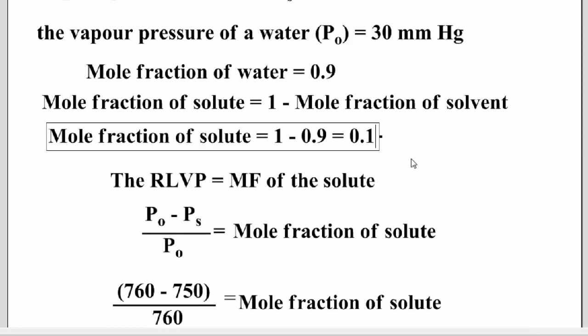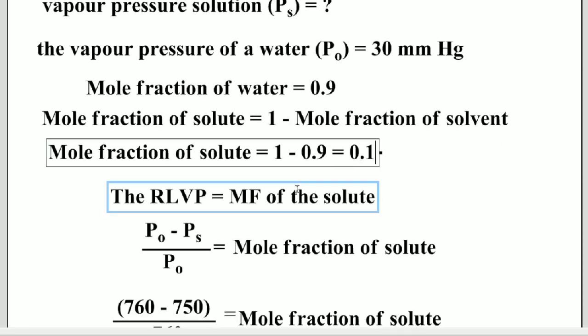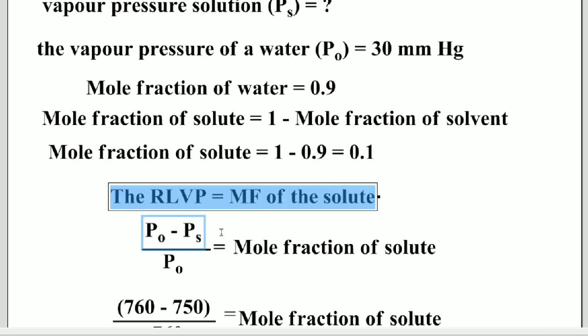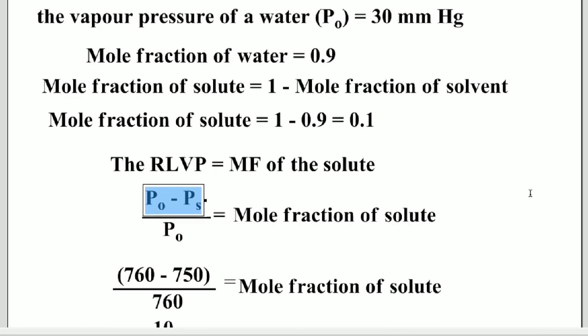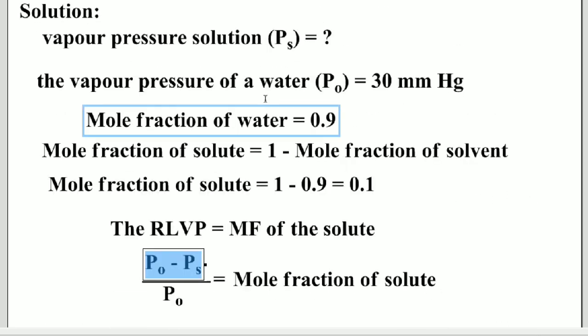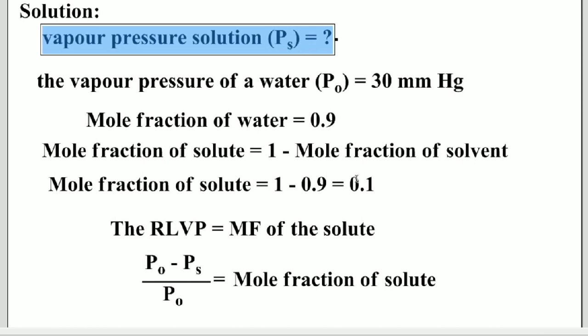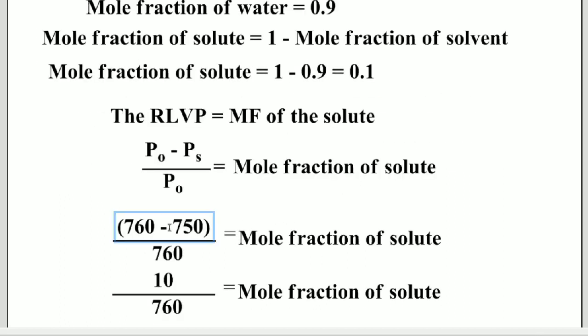So students, from Raoult's law we know that the relative lowering of vapor pressure is equal to the mole fraction of solute. So students, for the present problem, P naught is given as 30 mm of Hg, and we should find the vapor pressure of solution, that is PS. Now we can substitute all the given values.